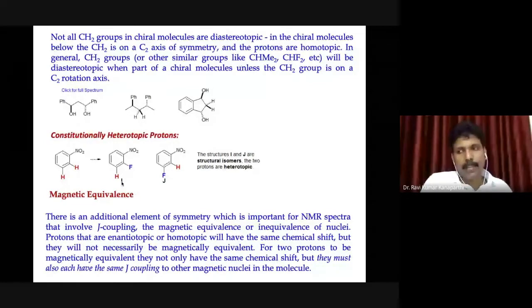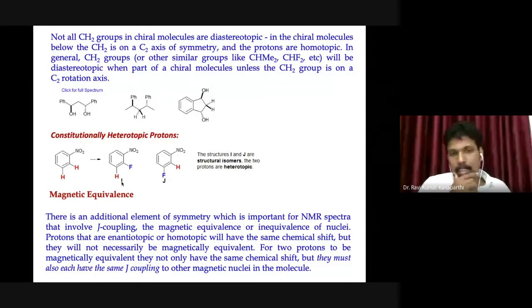You can take any two protons, and if their coupling with the third proton is totally different, then these two protons are said to be magnetically non-equivalent. If their coupling is the same with respect to the third proton, then we say it is a magnetically equivalent proton. Okay, so this is another element in NMR spectroscopy.